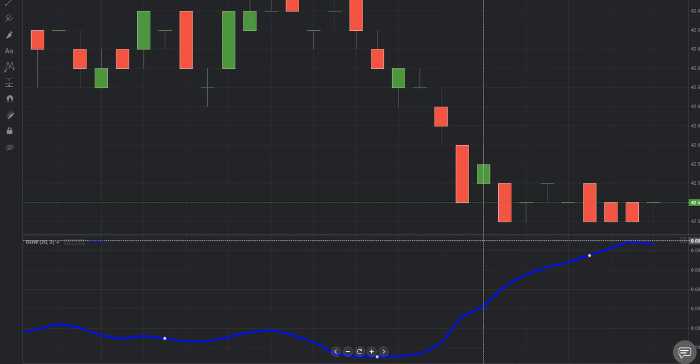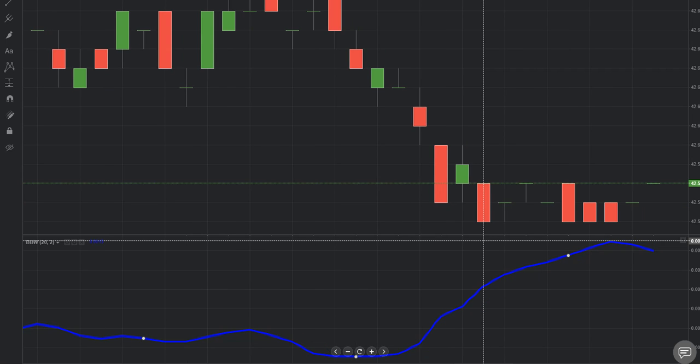In order to identify divergence, you basically need an oscillator; any type of oscillator works. The most commonly used oscillators are the relative strength index, the stochastic oscillator, and the MACD.